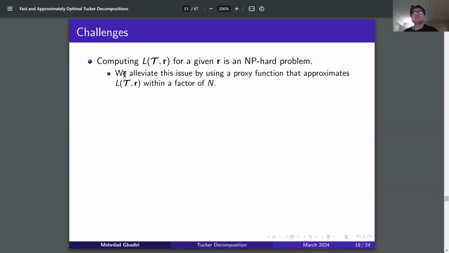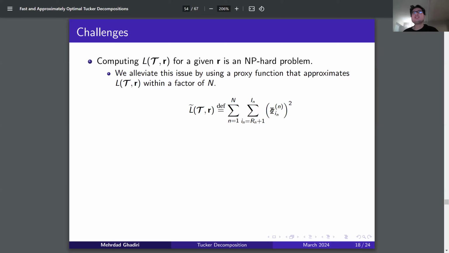Instead of this, we define a proxy function that approximates this up to a factor of N, where N is the order of the tensor. What is that? People have talked about this sort of proxy loss before. If you look up papers that talk about higher order SVD, these things are defined there.